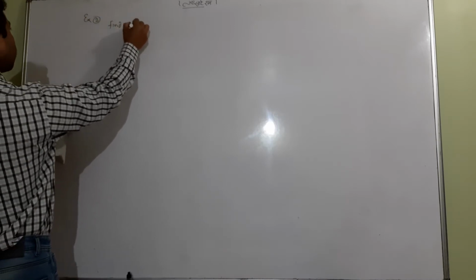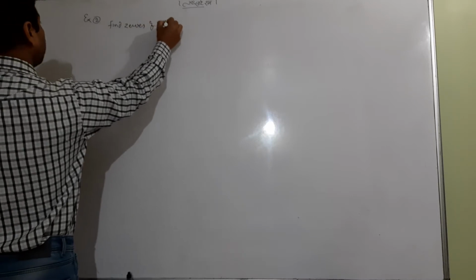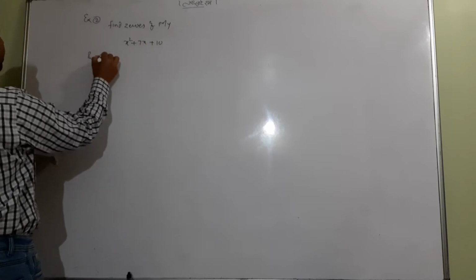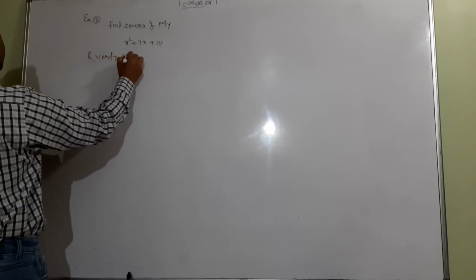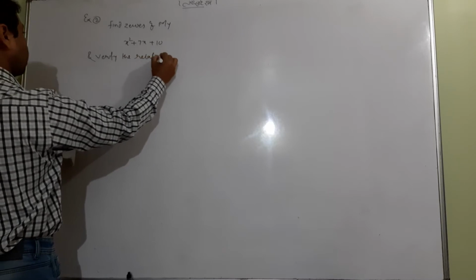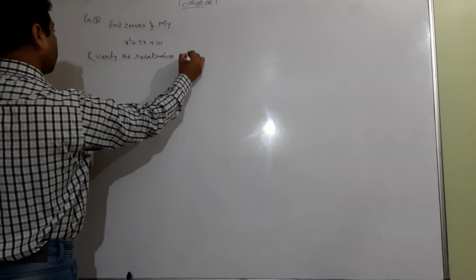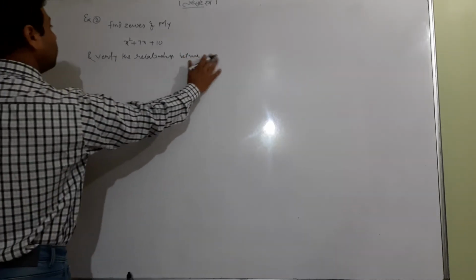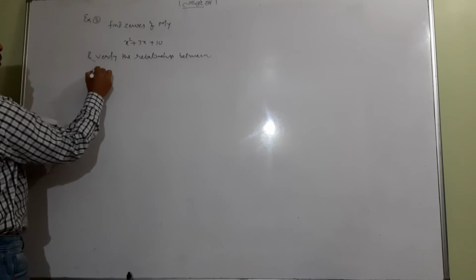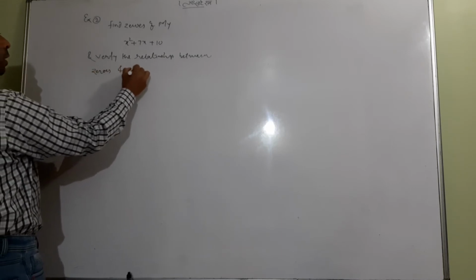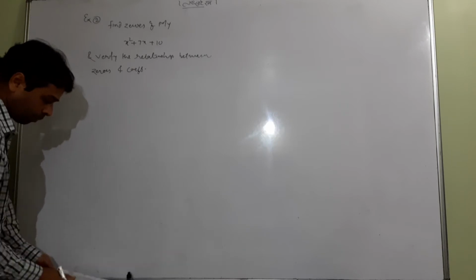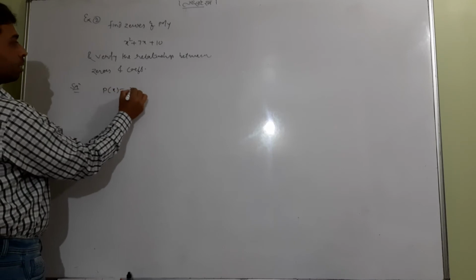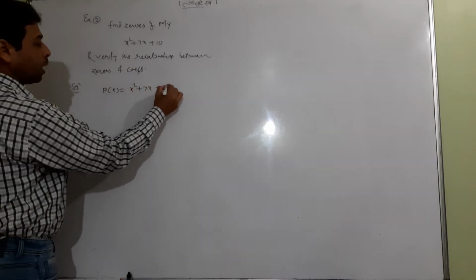Find the zeros of the polynomial x square plus 7x plus 10 and verify the relationship between zeros and coefficients. So students, nothing new, same thing is coming, but you have to do a bit hard work.